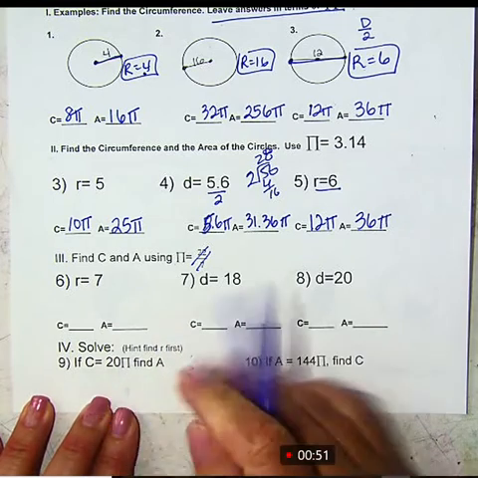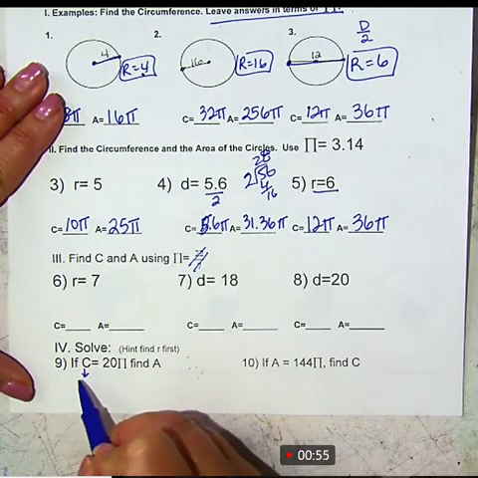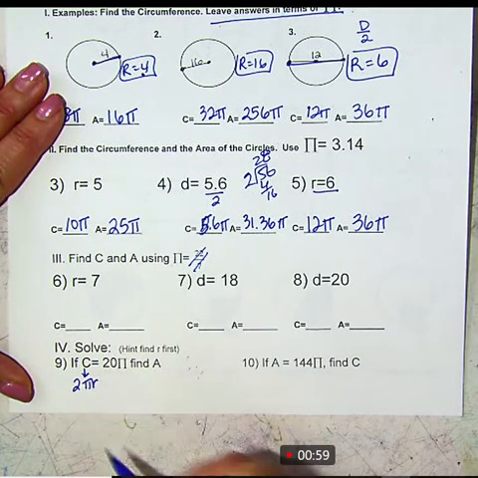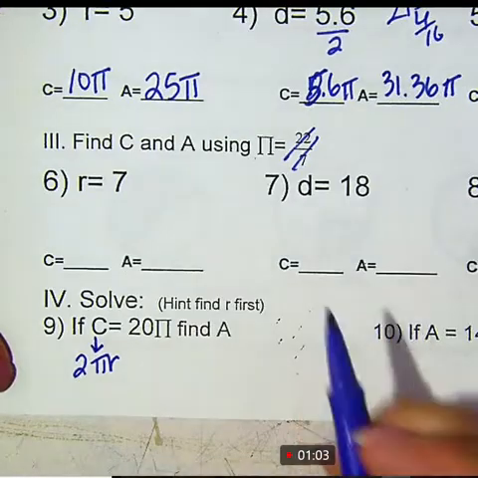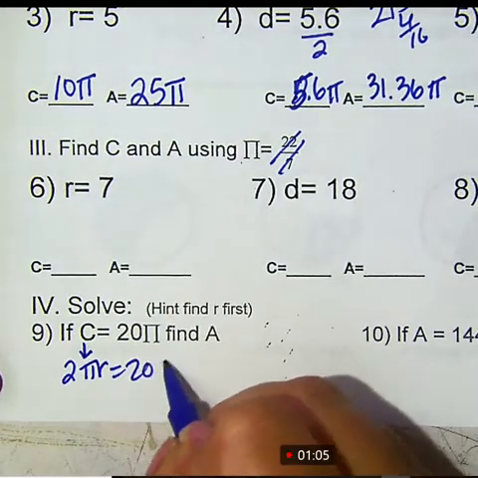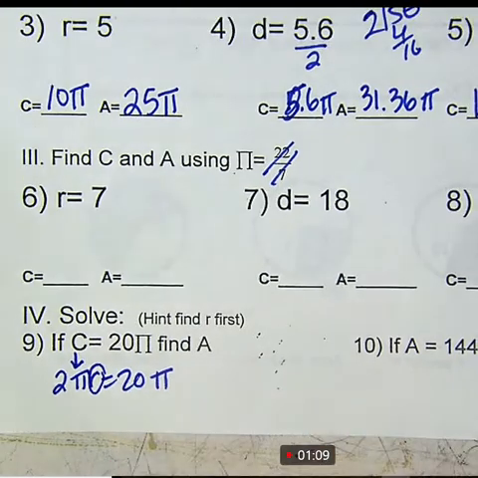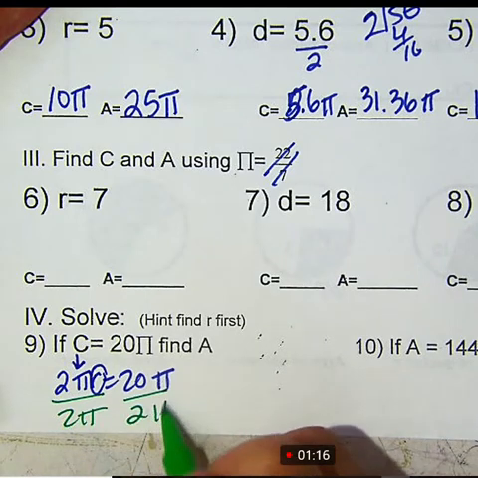Down here, if I give you the circumference, all I'm asking you to do is plug the formula in. Since my circumference formula is 2 pi r, make your c equal to 2 pi r, and then set that equal to 20 pi, and then solve for r. So I'm going to circle my r, and I can divide by 2 and pi at the same time to solve for my missing part.